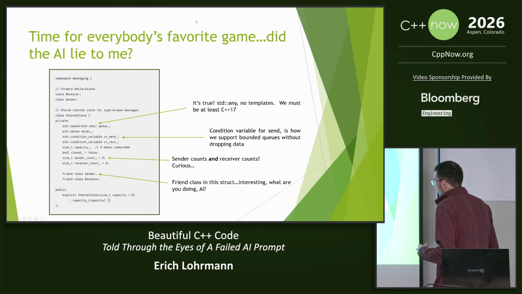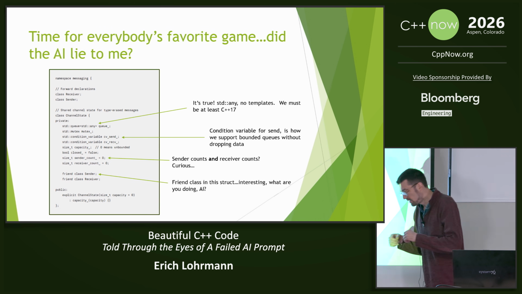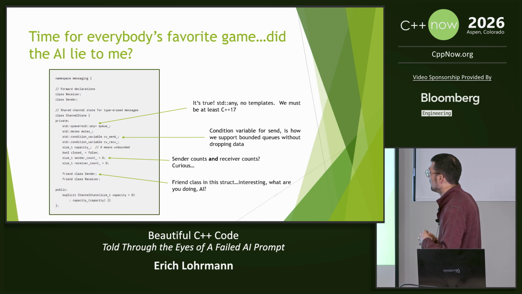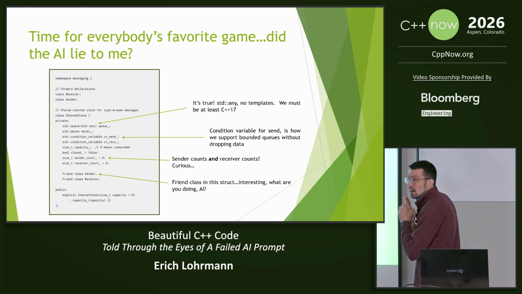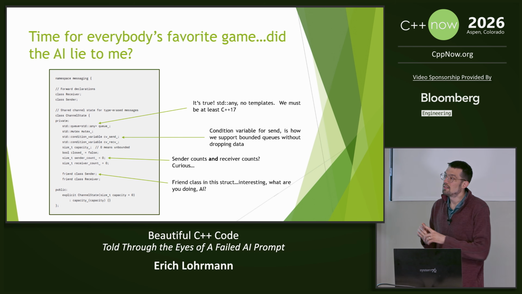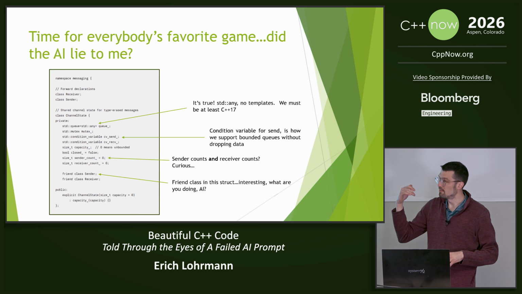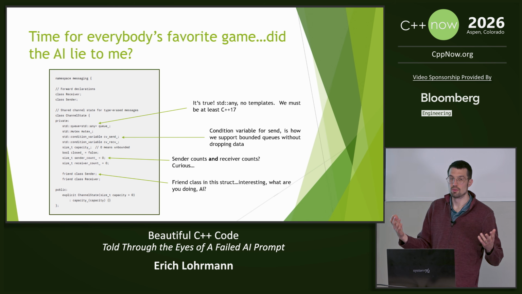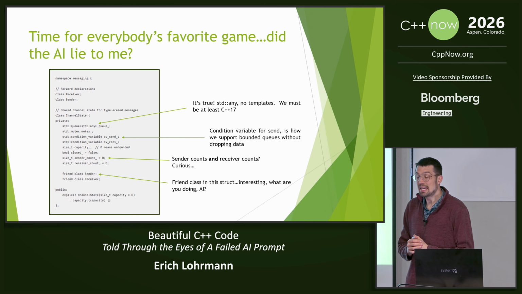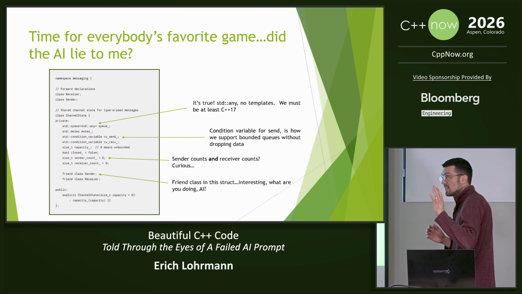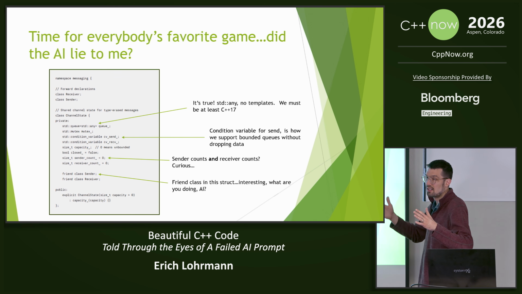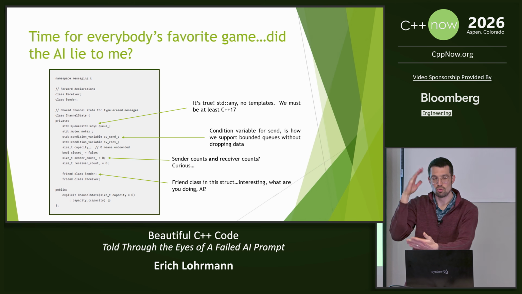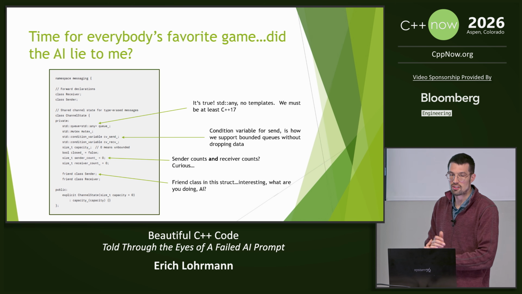And now we want to see if the AI lied to me. Now, here is the part where I confess something. So something happened here. I had a history of my prompts and my changes, and this was months ago, back when I was doing this talk for the first time. And sometime between then and when I was finalizing this talk a couple weeks ago, that functionality changed to where it only saved the last iteration.